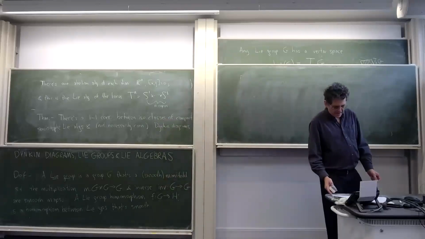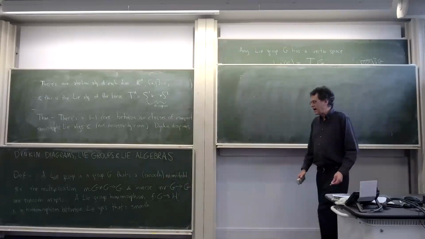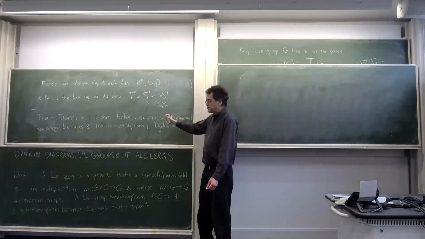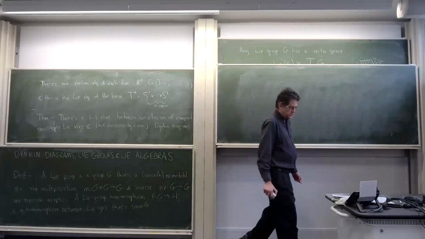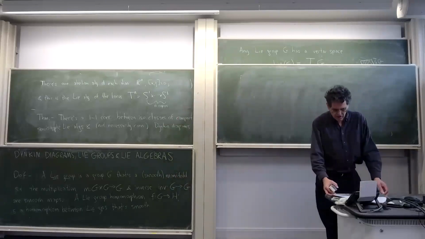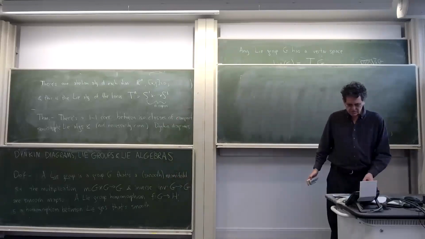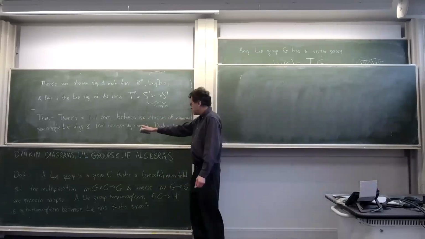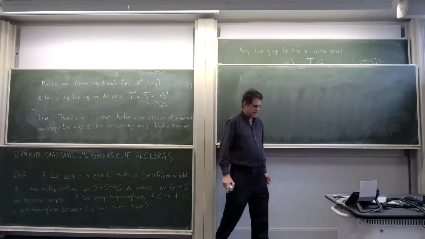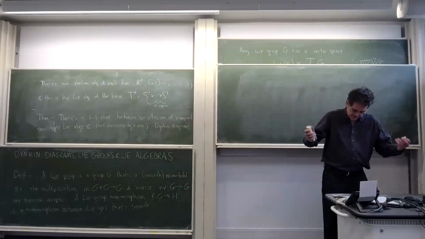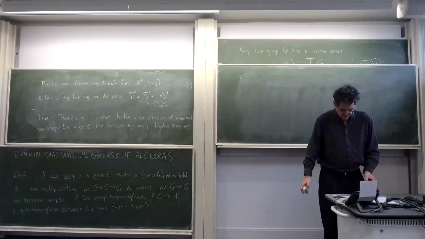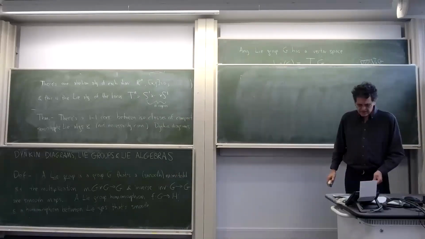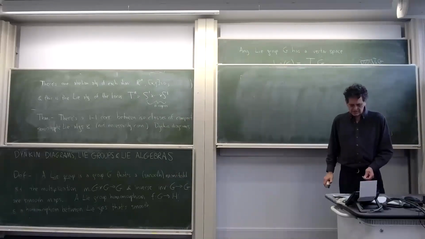And the only way I know to do that is basically to tell you how to get a Lie algebra from a Dynkin diagram, which is sort of the hard part that I'm not going to talk about, which is the reverse. I'm going to tell you how you get from one of these Lie algebras to a Dynkin diagram. But basically, no, I don't think there's a good way to do that, that I know of anyway. It's a good question, but I don't think there's a good way.